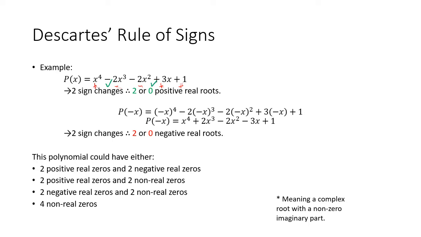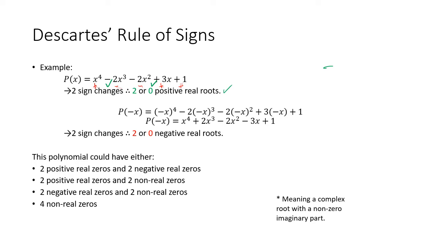That means there are either 2 or 0 positive real roots, because Descartes' rule of signs says there's either 2 real roots or less a positive even integer number of real roots. A positive even integer is 2 or 4 or 6, and 2 minus 2 would give me 0. So I have possibly 2 or 0 positive real roots. There's no way I could ever have more than that, which is the most important piece of information we get from that analysis.